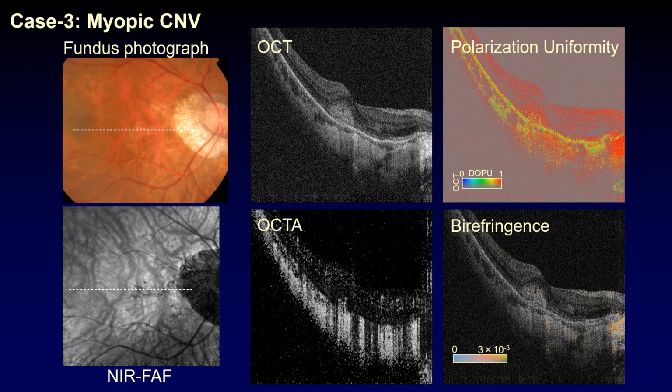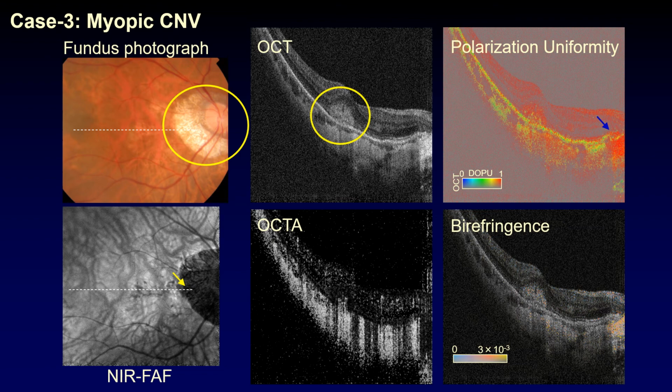The last case is a case of myopic CNV. In the color fundus photo, we see a huge myopic conus. In this region, we see atrophy of the RPE in the polarization uniformity image, and this finding is consistent with that in the near-infrared FAF image. In the OCT image, we see a hyperscattering material.